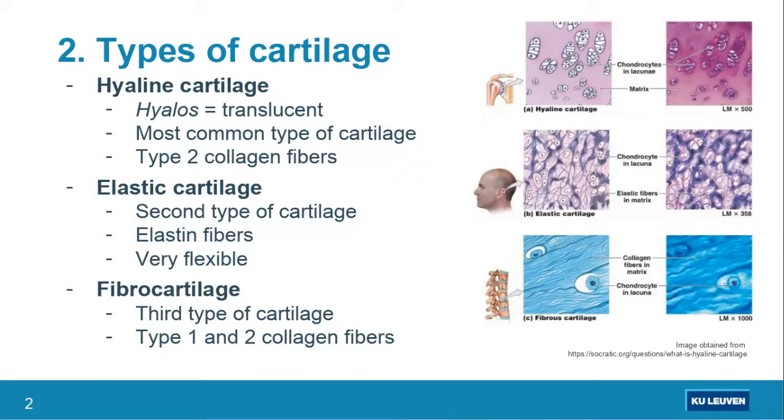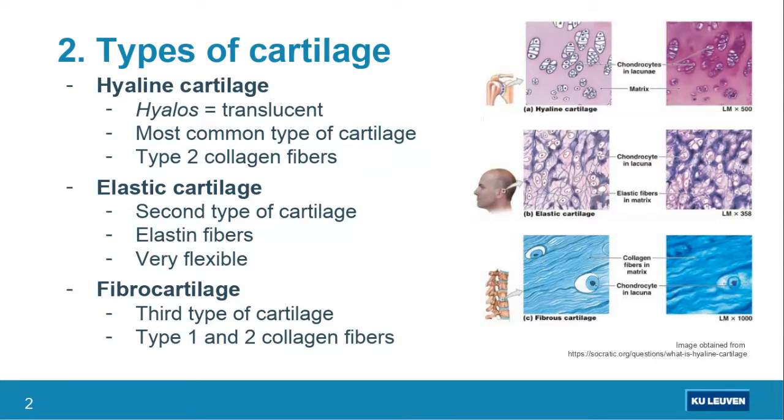Then elastic cartilage is the second type of cartilage in the body, and it's mainly composed of elastin fibers. These elastin fibers allow this type of cartilage to be very flexible. This elastic cartilage can be found, for instance, in our ears.